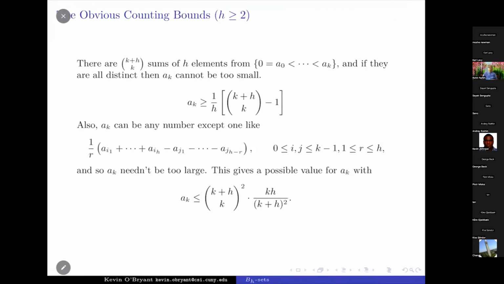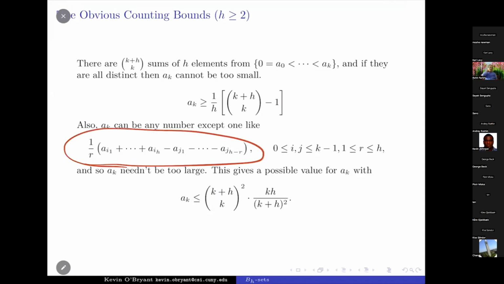There's a trivial bound in the other direction. A sub k can be any number except one that is like this.